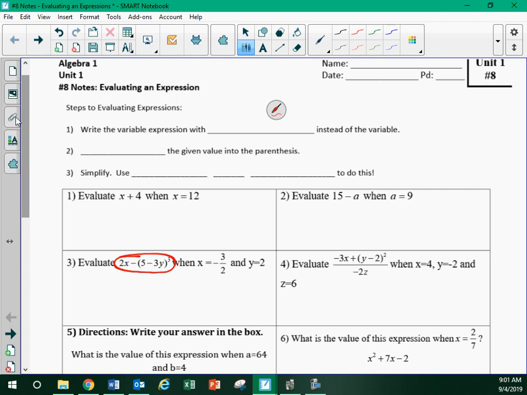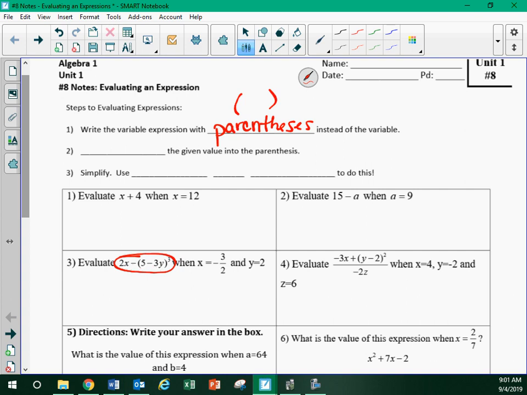So first we want to write the variable expression with parentheses. That's just these things, right? Parentheses, instead of the variable.